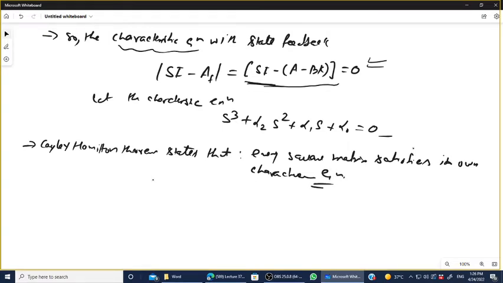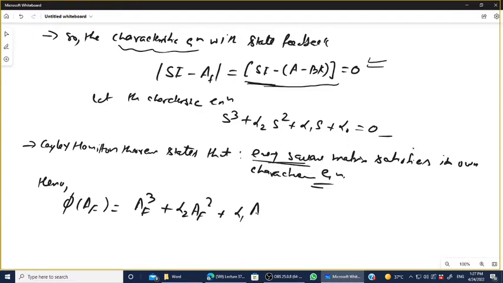So based on this theory, you can write phi(AF) equals AF cube plus alpha 2 AF square plus alpha 1 AF plus alpha naught I equal to 0, because AF is a square matrix, where AF equals A minus BK.